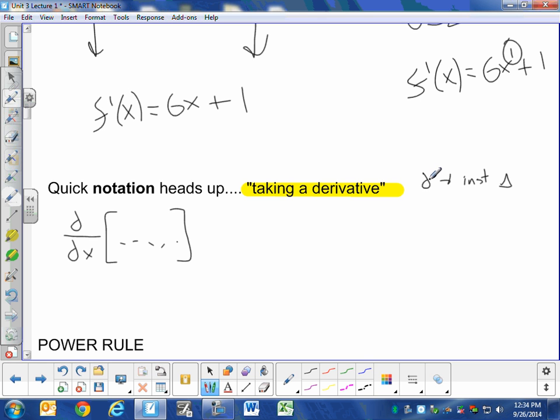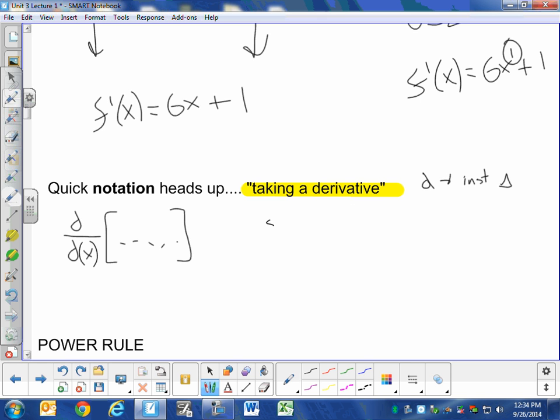And you'll see it like this, but most likely people use just the letter D because they can't find this symbol. I believe it's a Greek symbol in their computer. So you see just the letter D. Now this would mean the instantaneous change of whatever you have here over the instantaneous change of x. Now it doesn't have to be x.